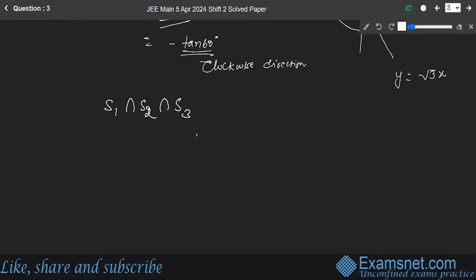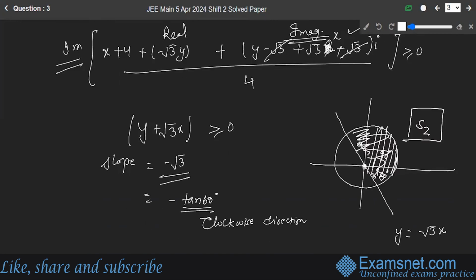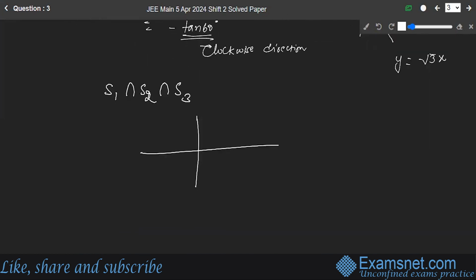What will the area now be? See, this was the area which is bounded by S2. If I combine all of them, what I will get is this area. This was your line y is equal to root 3x, and this much area you need for that.